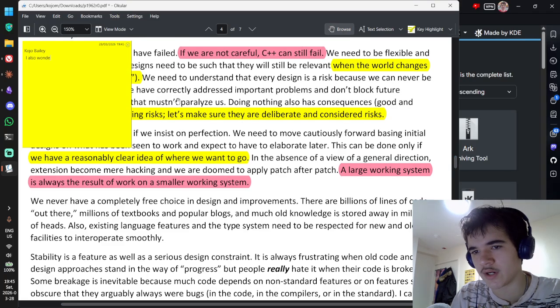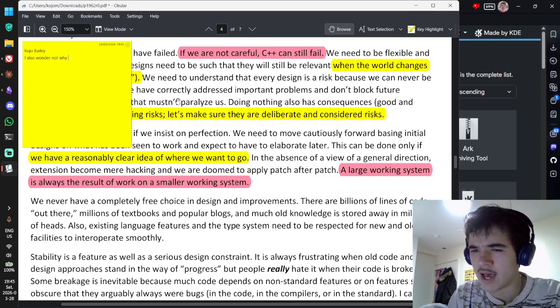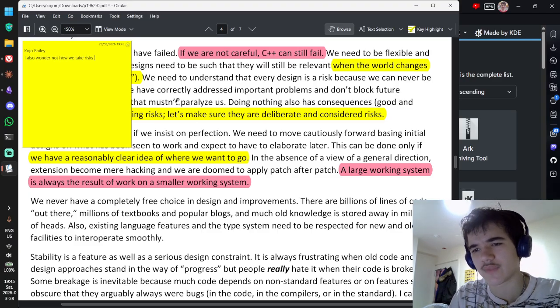Not how we take risks, but when we choose to take risks.